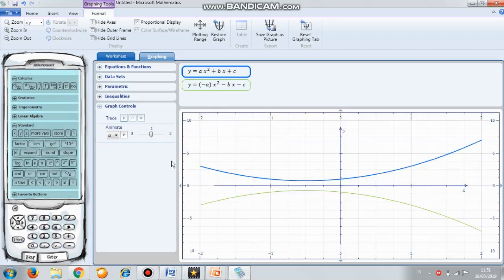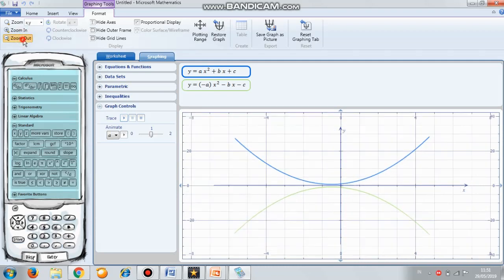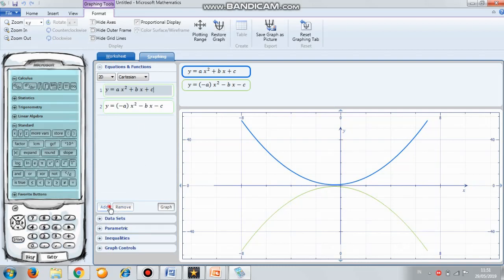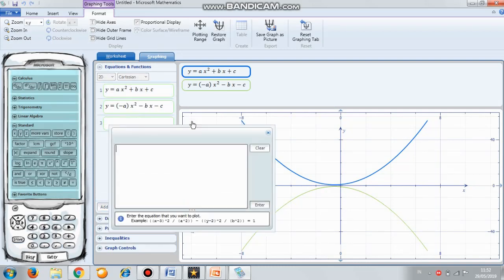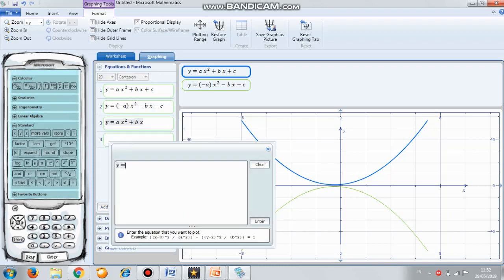Let's zoom out. We know that if the value of a is negative, it will be like the graph in Microsoft Mathematics that we have. And next, the third quadratic equation, we write y equal to ax squared plus bx, and the last is we write y equal to bx plus c.